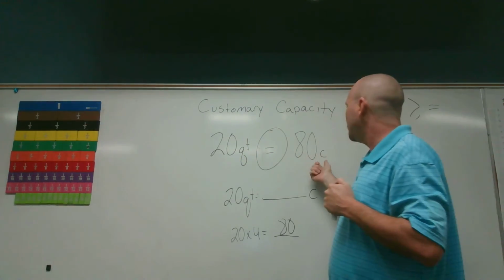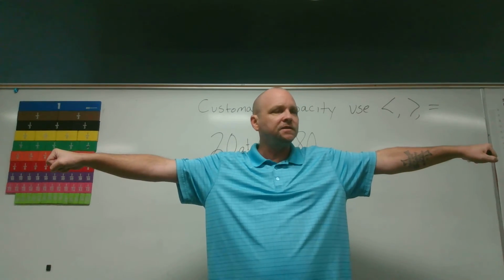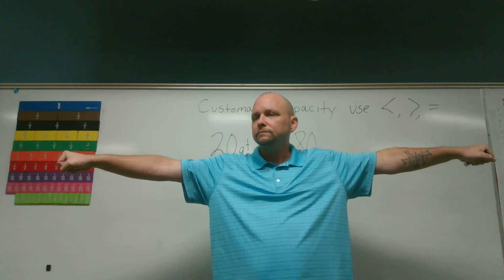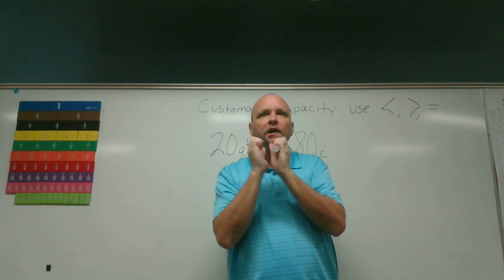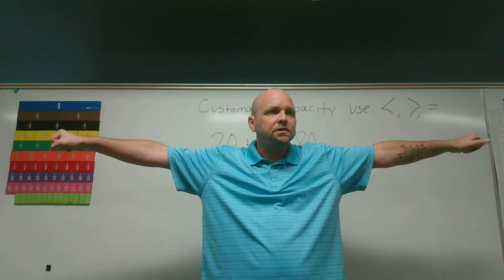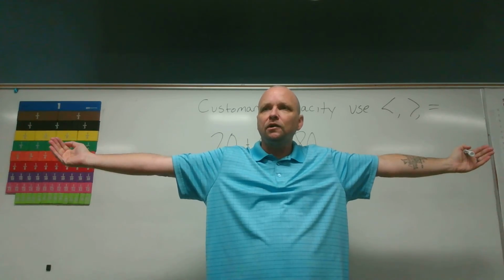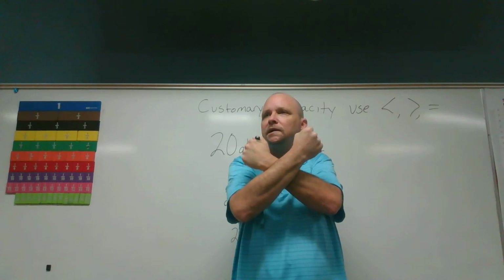If we went the other way, changing cups to quarts, then it's divide. So just remember, if what you're changing is smaller, to change it to something bigger, it's divide. If you're changing something bigger to something smaller, it is multiply.